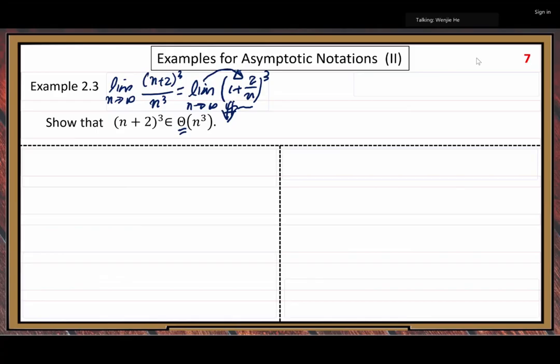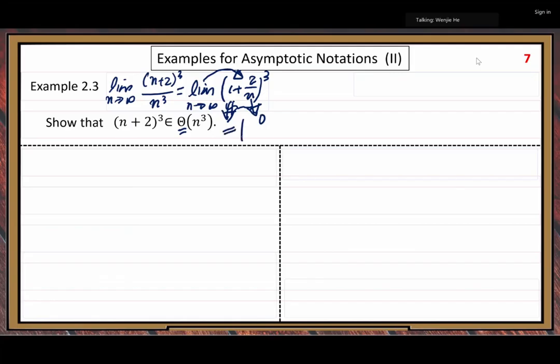Second term, 2 over n: when n goes to infinity, 2 over n goes to 0. So 1 plus 0 is still 1. After you get the limit inside the parenthesis, that is 1. Then you take the cube after it. 1 cubed is still 1. So we get 1.